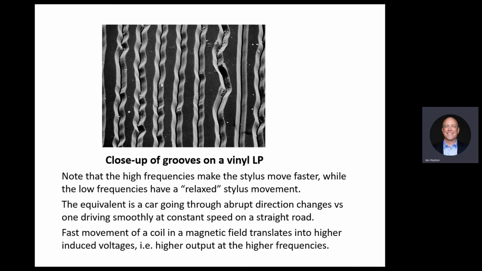Magnets moving fast induce a lot of voltage. Magnets moving slowly induce very low voltage. So the issue was, how do we get a high level of low frequency, because it doesn't induce a lot of voltage? One solution is to increase the groove so there'll be a lot of movement.